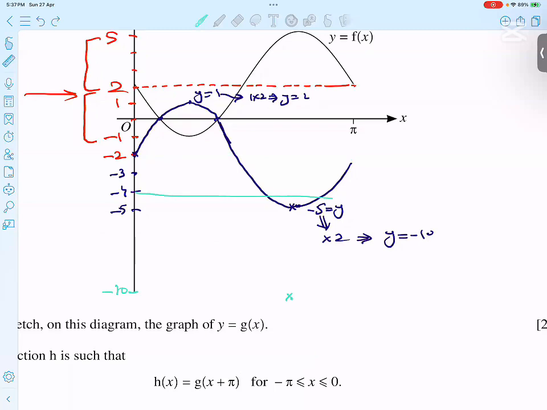So -4 is here somewhere. So I mark here. Okay. And this point is 0. 0 into 2 becomes 0. It is not shifting anywhere.